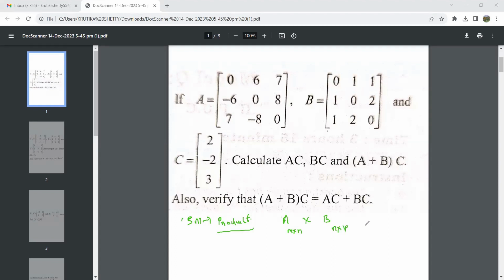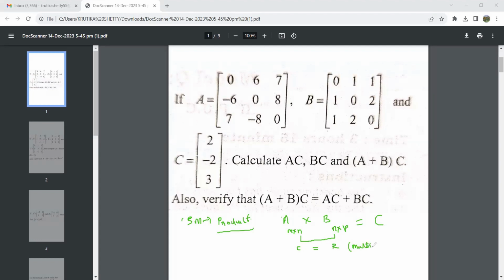We will get a new matrix, matrix C. Whenever we do the multiplication, we need to note that the columns of the first matrix must be equal to the rows of the second matrix. If the columns equal the rows, then the multiplication is possible. Only then can you multiply.